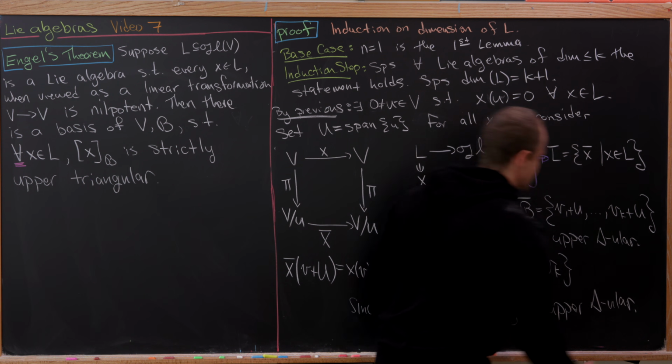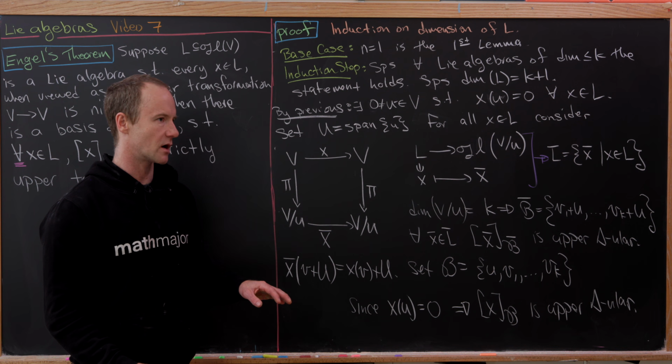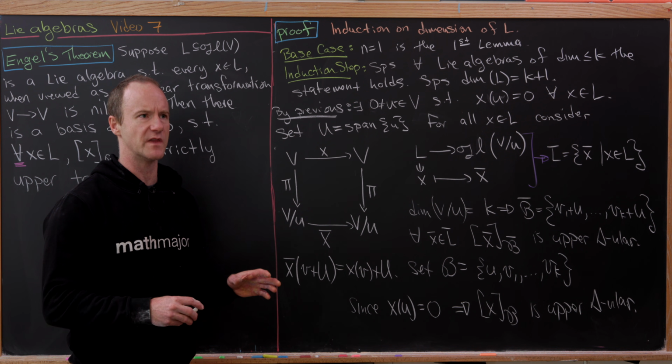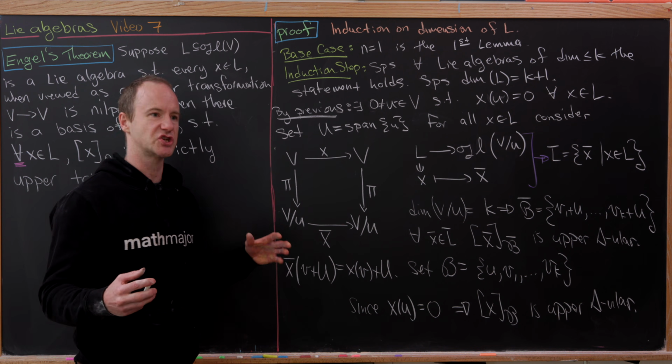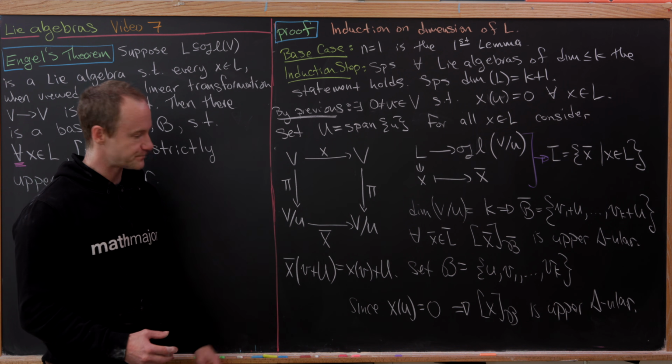Now, I've skipped a couple of little steps here, but these steps that I've skipped are essentially the same thing that we did earlier, where we wrote that upper triangular condition as being spanned by certain vectors.